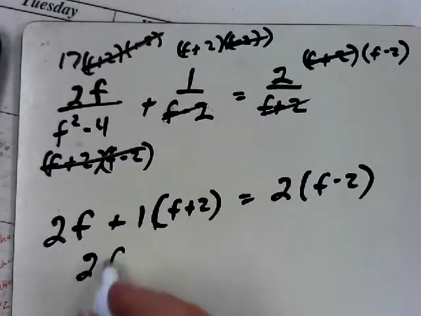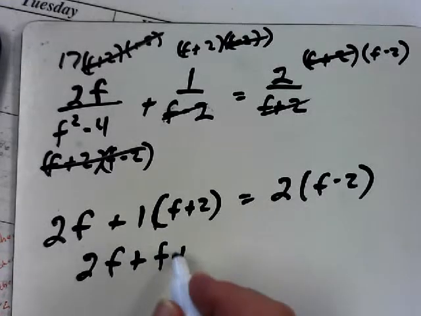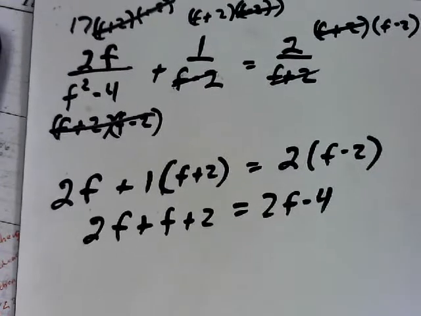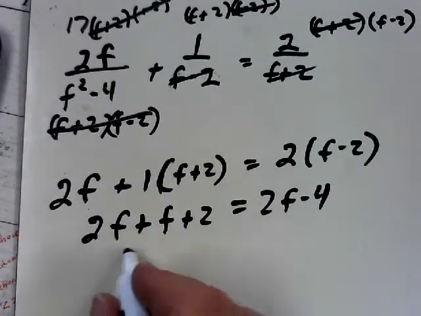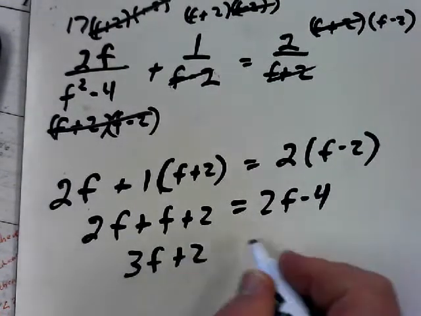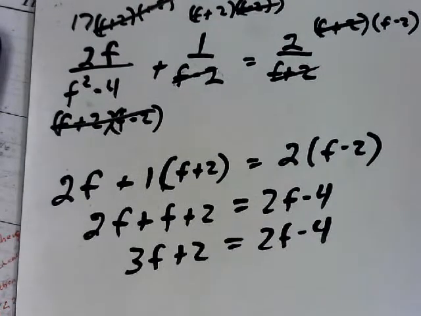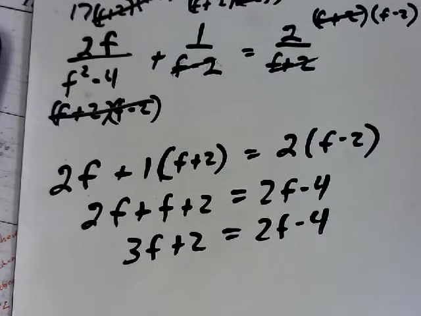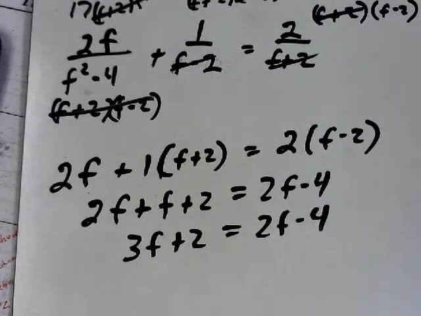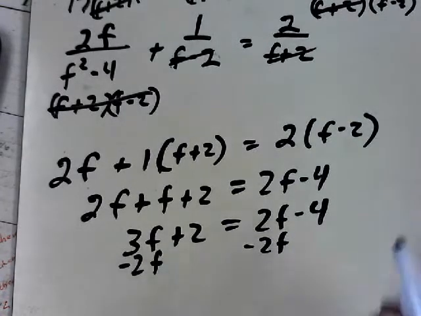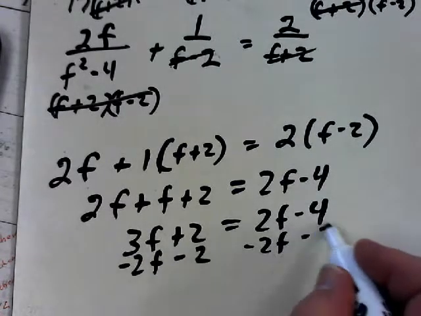Doing the distributive property and simplifying, I got 3F plus 2 equals 2F minus 4. I would subtract 2F and subtract 2.